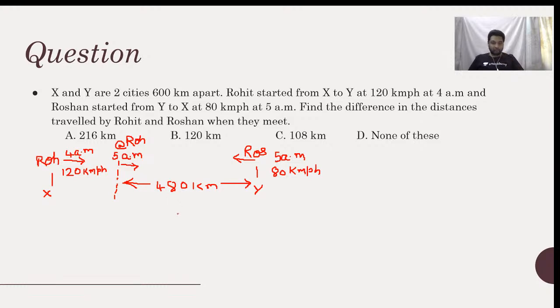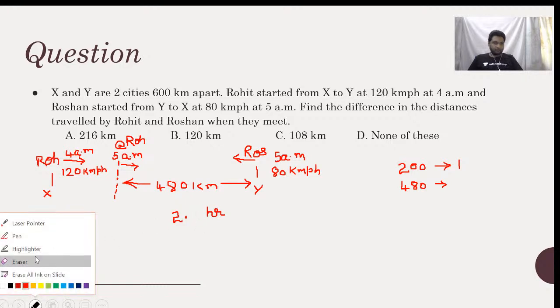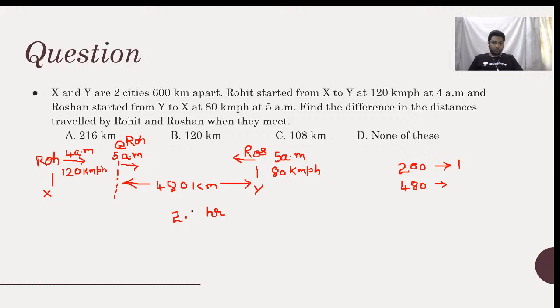So 2.8 hours? Or 2.4? 200 kilometers in 1 hour, so 480 in how much time? 1 by 200 into 480 is 2.4 hours. Sorry, 2.4 hours.